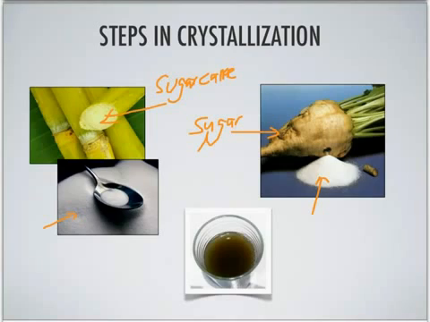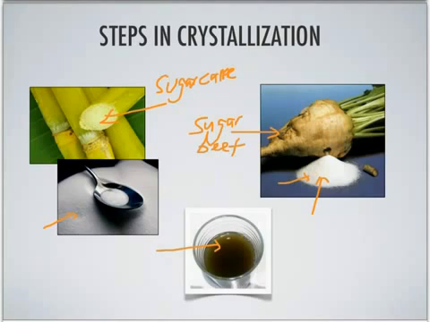In some countries like Japan, they have production of sugar from sugar beet. So the white granulated sugar that we see here can be produced from a controlled crystallization of the sugar syrup or the juice, which we extract from the sugar cane or from the sugar beet.